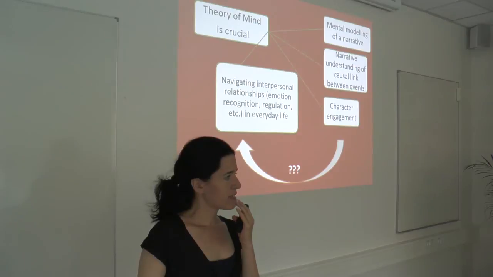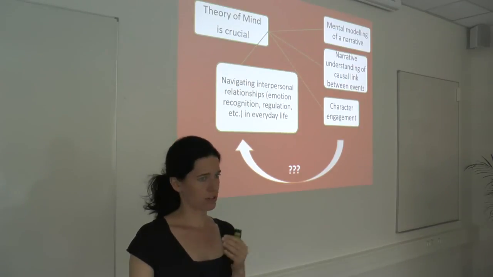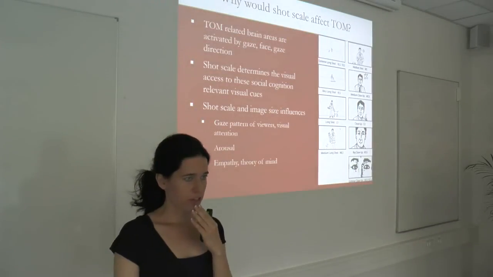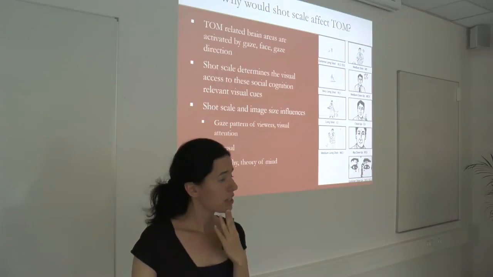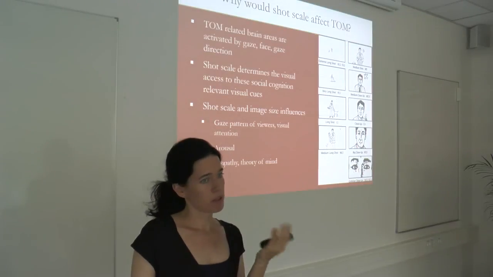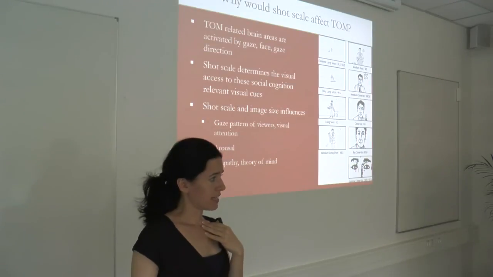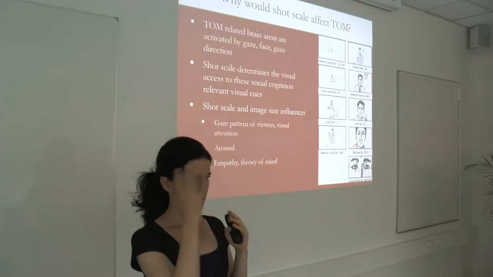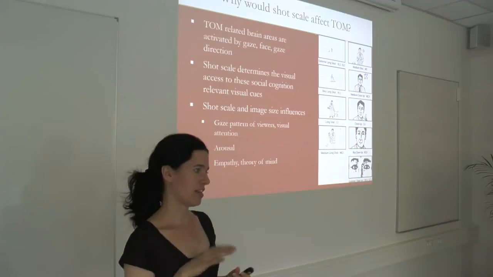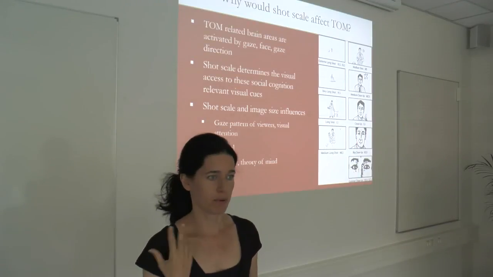You may ask why do we expect an effect of shot scale? How do the two concepts relate to each other? To understand our assumption, I need to refer to studies in neuropsychology, where they already identified that gaze, facial expression, gaze direction directly triggers theory of mind related brain areas.